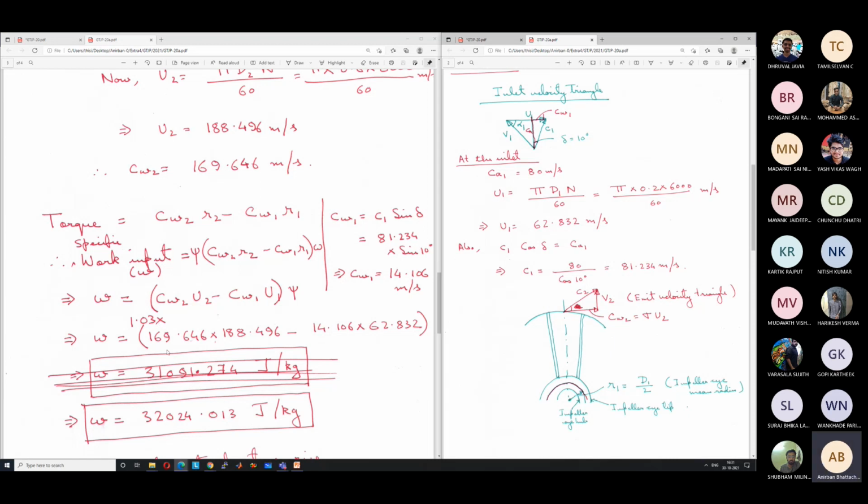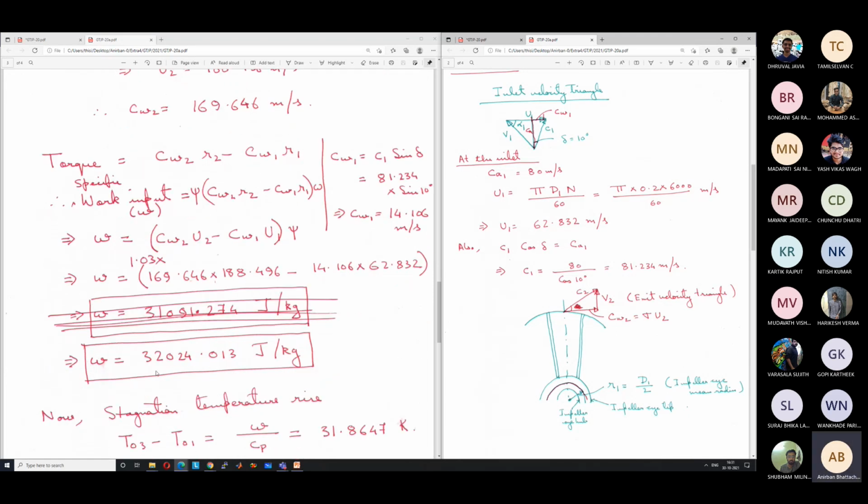CW2 we have calculated, 169.646. U2 we have calculated. CW1 we have calculated, and U1 also we have calculated, 62.832. So we get W to be equal to 32,024 joule per kg. Okay, so this is the specific work input for the compressor.